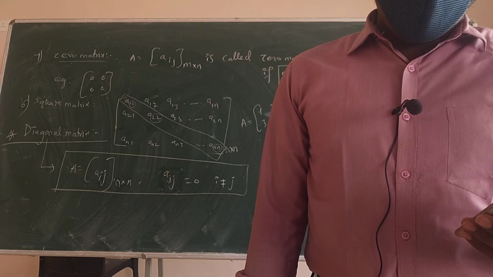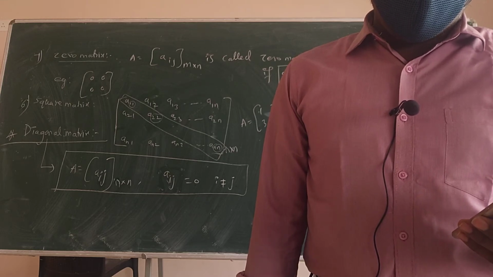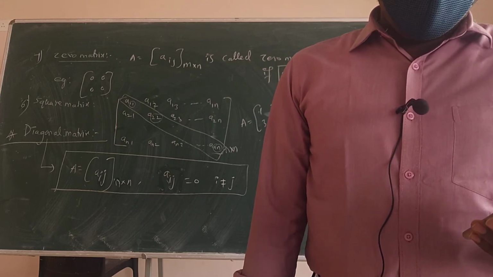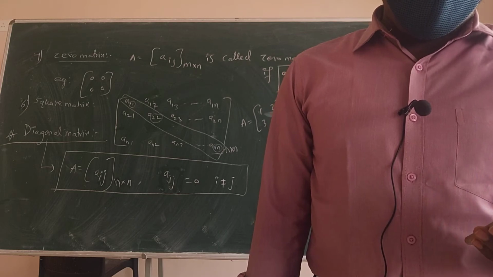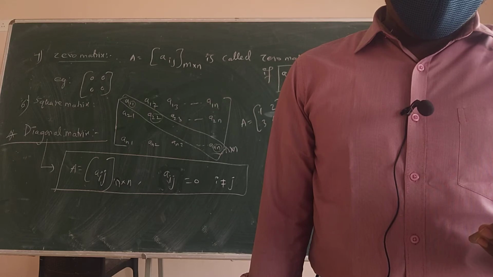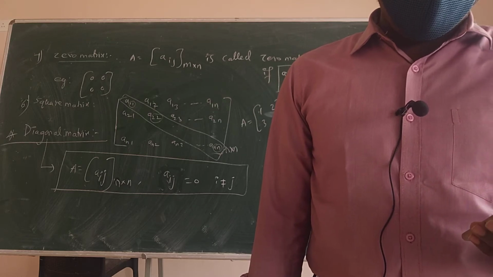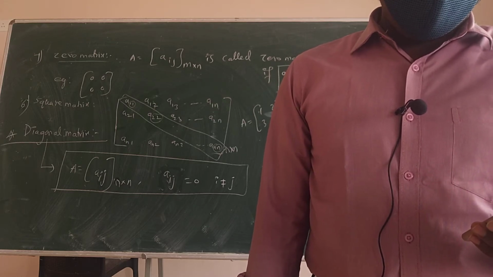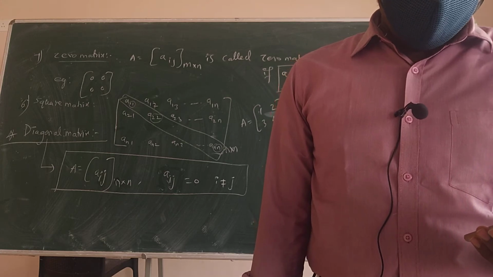The line along which the diagonal elements lie is called the principal or leading diagonal.